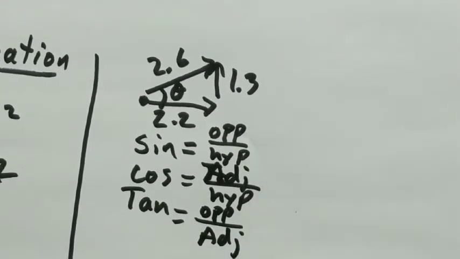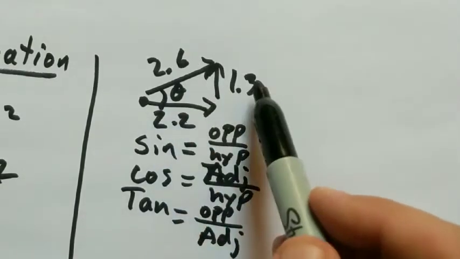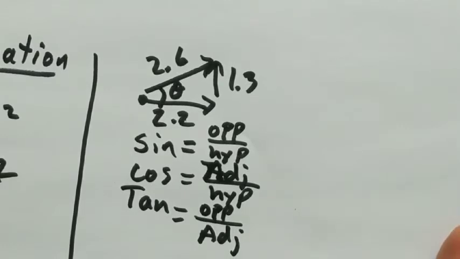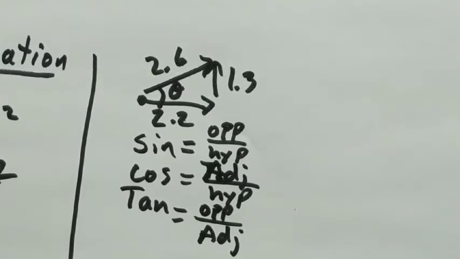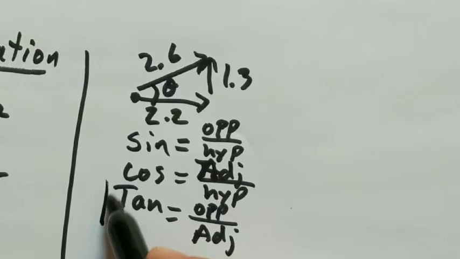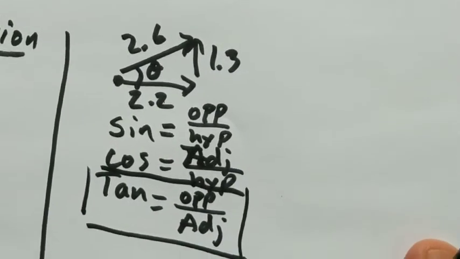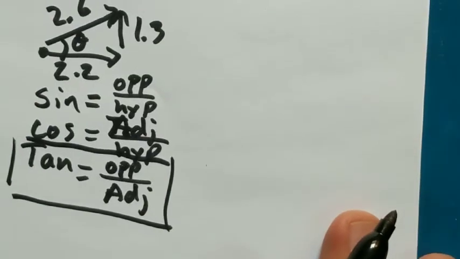So we have three trig functions that we can solve, and since we know all three sides, we can choose any of them that we want to. I'm going to use tangent. You could have chosen any of them, but I'm going to use tangent.